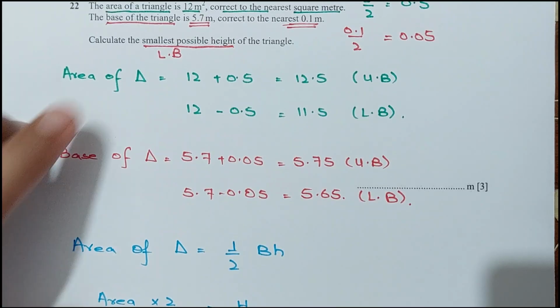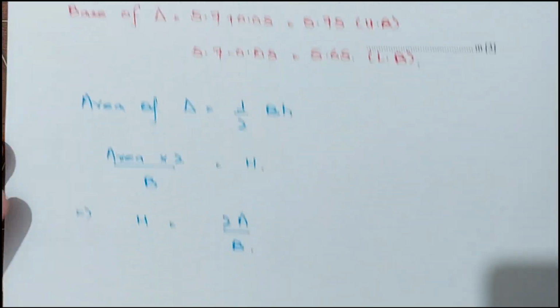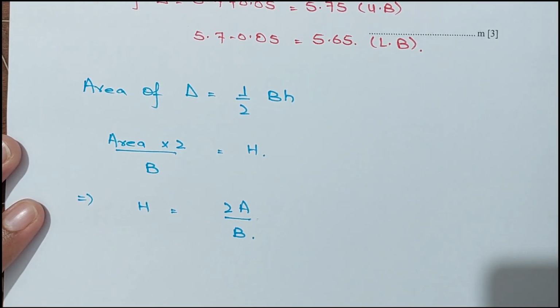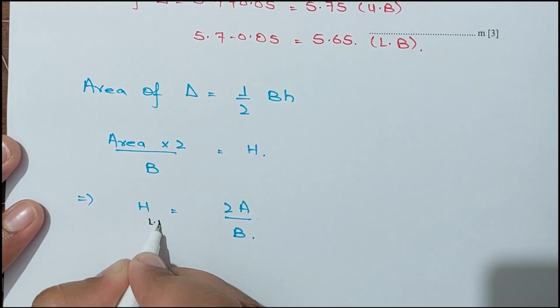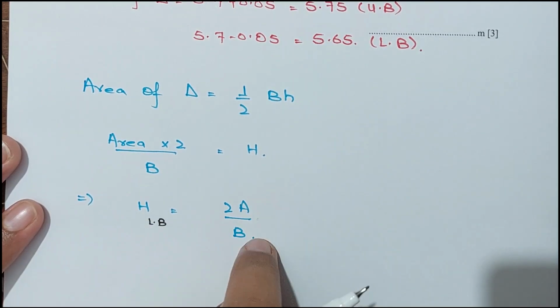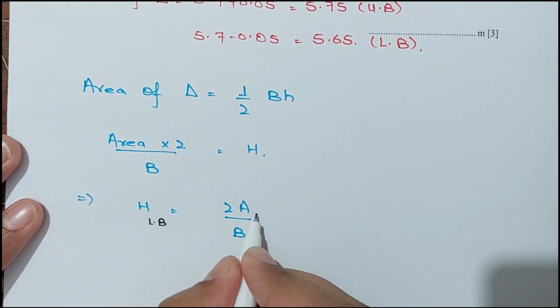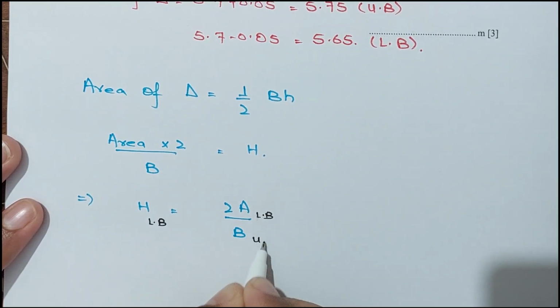Now the question is to find the smallest possible, meaning the lower bound for this. Okay, so the height lower bound. Since the height is in terms of a quotient, it is division, we have to use the lower bound of the numerator and the upper bound of the denominator, right?